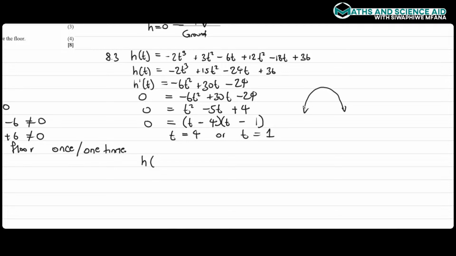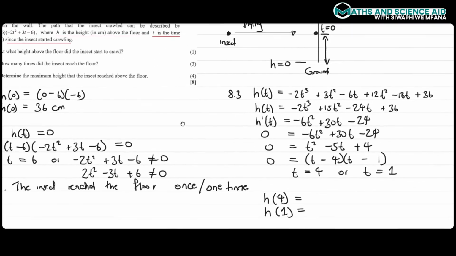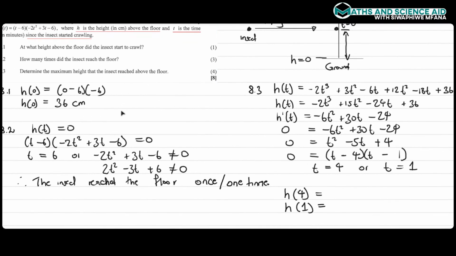And if at that point you've got a downwards concavity, it means that it will be your maximum. But I think the easiest way to do it is just to substitute both t equals 4 and t equals 1 into the original equation and see which one gives you a bigger value. So I'm just going to leave it here for you to do. The one with the biggest value will be your maximum height.